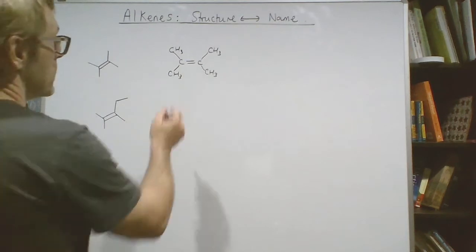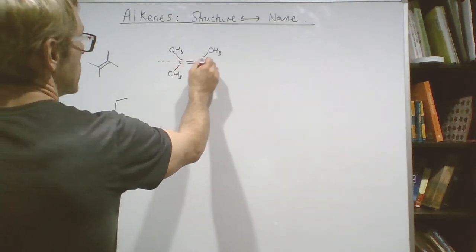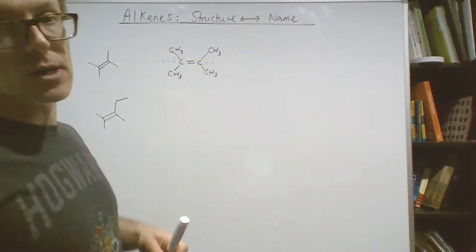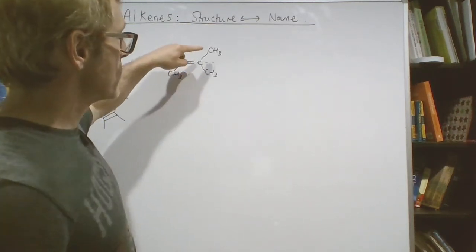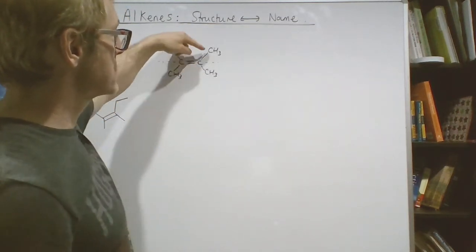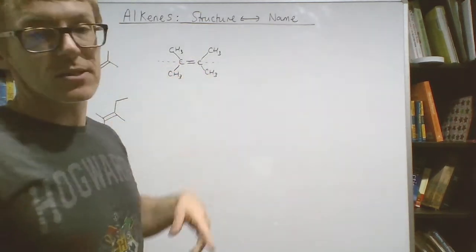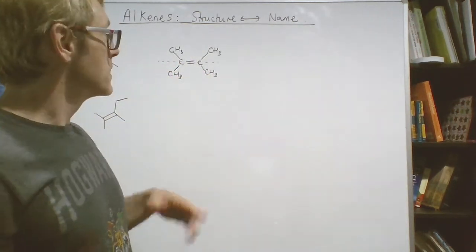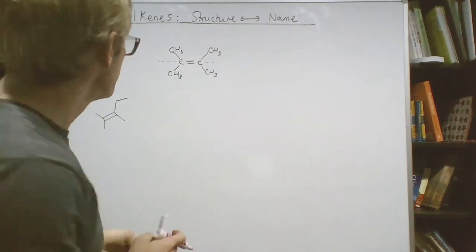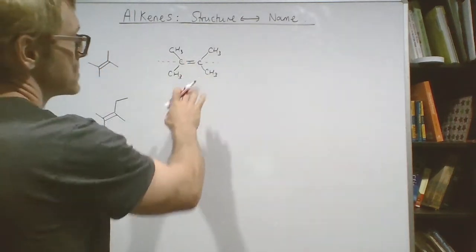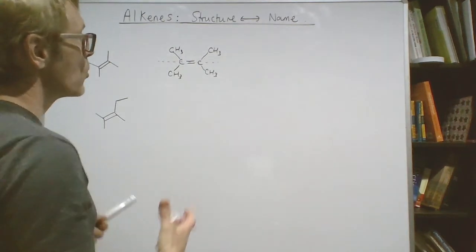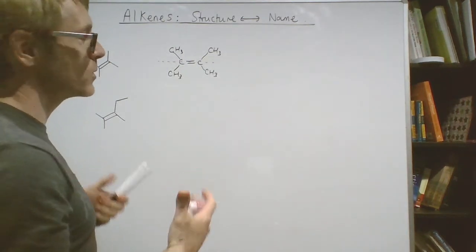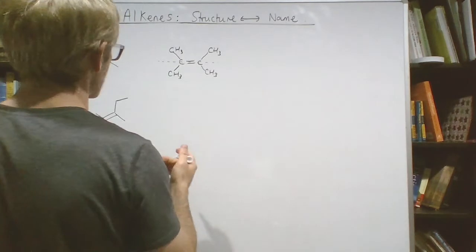Clearly, if we look at the axis of the double bond, there's a symmetry. So you could say that these two methyls are trans, but these two methyls are cis. So it's kind of neither nor. There's no evidence of cis-trans isomerization going on here, so we don't need the prefixes cis or trans in the structure.